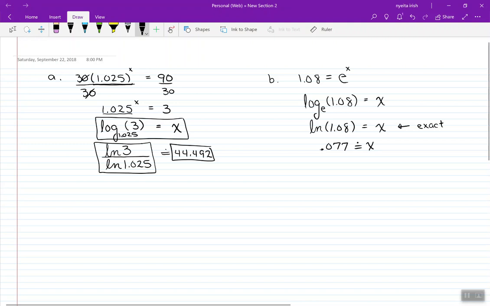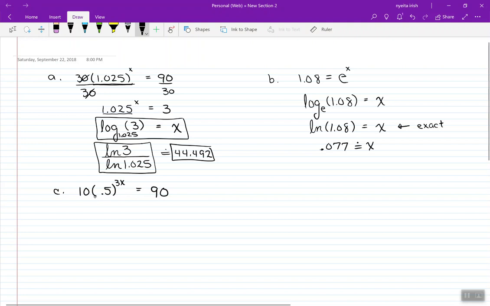For part C, I have 10 times 0.5 raised to the 3x power equals 90. Again, notice my variable is up in an exponent, which means somewhere in this problem I'm going to be taking a logarithm to figure out what x is.